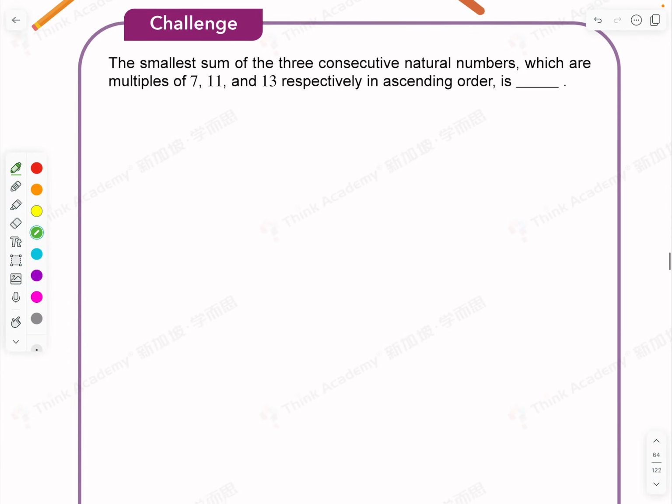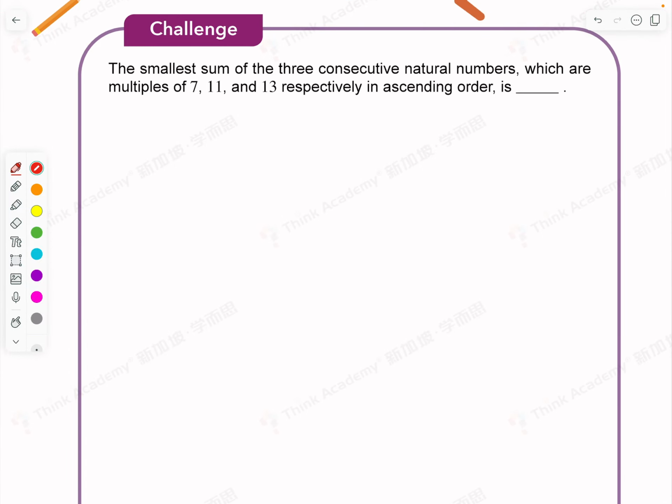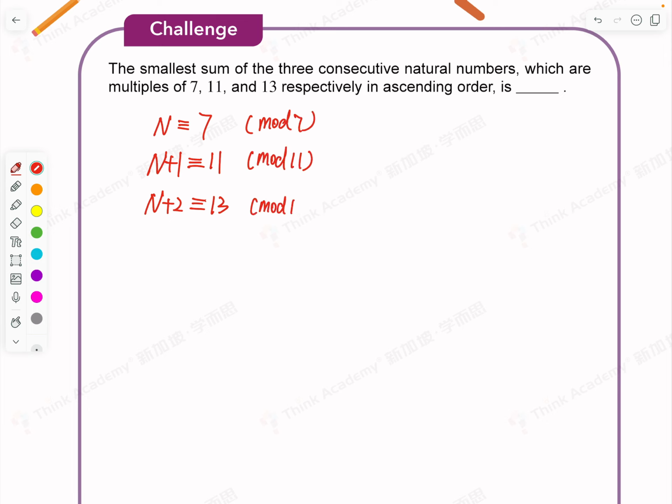Okay? So now let's look at our challenge. So the challenge, I think the best way is to use the congruent equation. So n congruent to 7, n plus 1 congruent to 11, n plus 2 congruent to 13, if I mod 7, I mod 11, I mod 13.